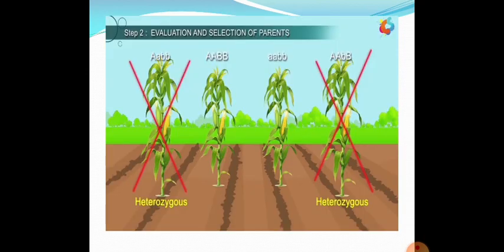So, traditionally, we could only get the yield to a limited extent, but with the help of plant breeding, we are able to increase our yield to a very large extent.